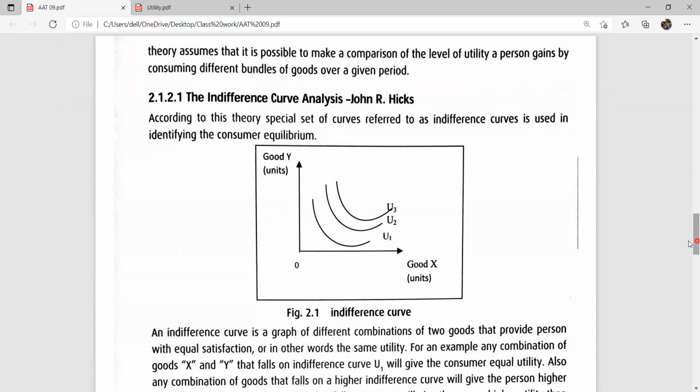Whenever the price of either good changes, the consumer may change the demand, the number of goods purchased, and they consider the way of purchasing goods.